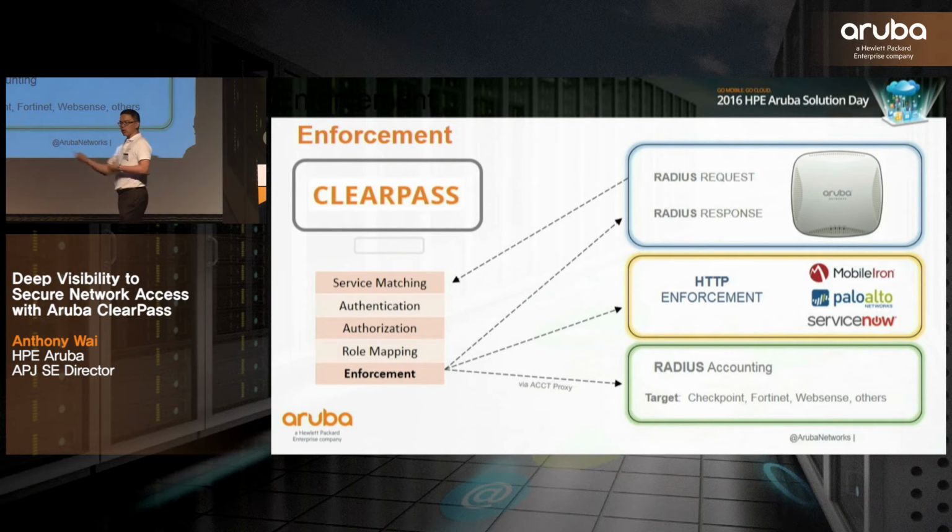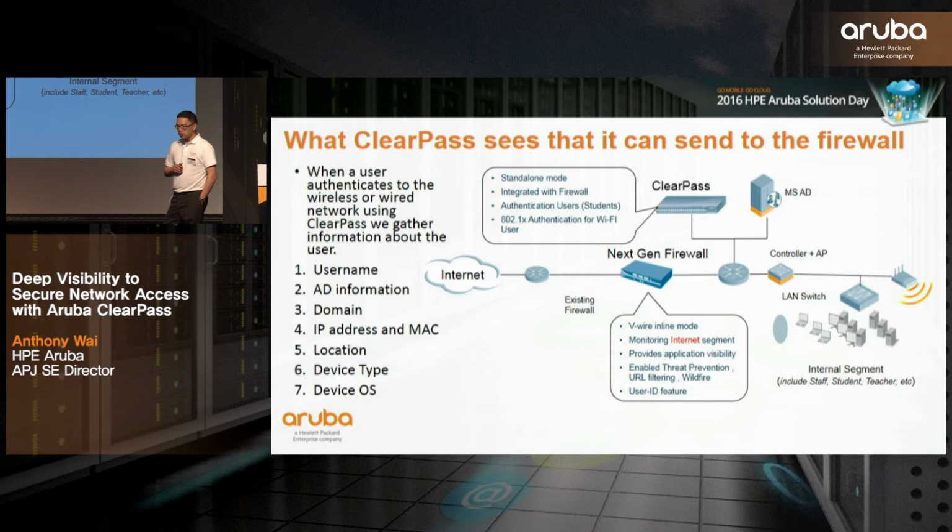And last but not least, we can also process the syslog that is coming in. For example, I made some detection at some other defenses on the network, and I want to pass the information back to ClearPass. ClearPass has the capability to parse the incoming syslog and then use that information to make better decisions on the network. Again, what we can pass to the firewall is the user information.